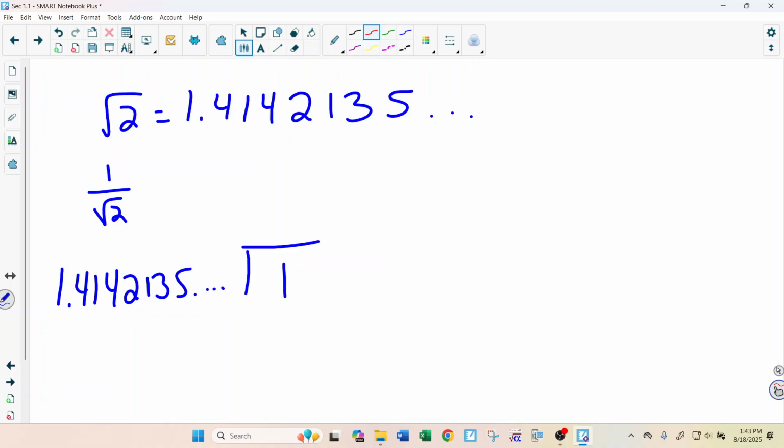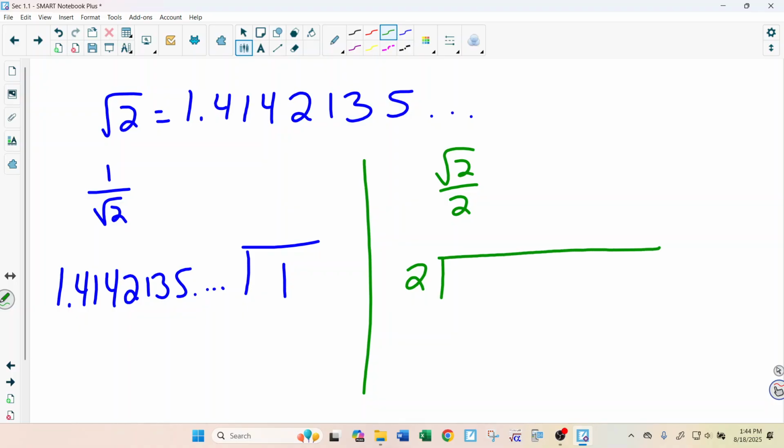That's really hard when you have the dots there. However, if we rewrote this as the square root of 2 over 2, we would have 2 divided into 1.41421335. You're now able to do that long division, much better. Not that we're going to do that. That's where it comes from.